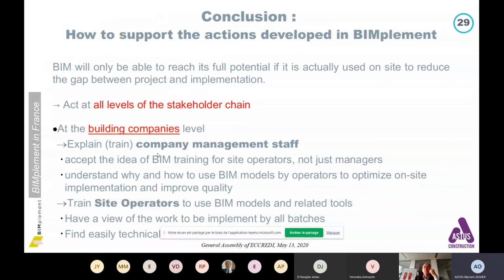As a conclusion, I really believe that BIM is a great tool, but it can help achieve energy efficiency only if it's used on the construction site also. The whole chain in the project has to be concerned with this question of using BIM on the construction site. And for building companies, the very first element is to convince managers that BIM tools are useful for them on the white collar level and on the blue collar level also, not only the white collar level.